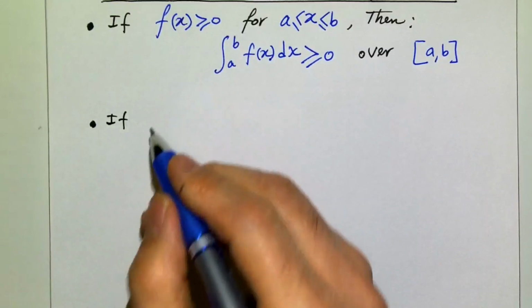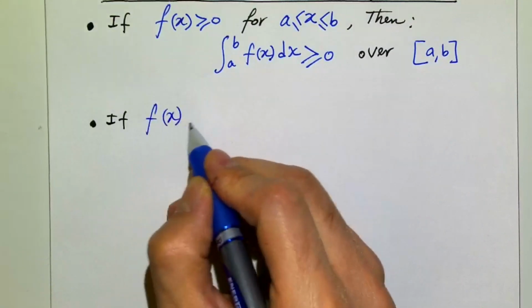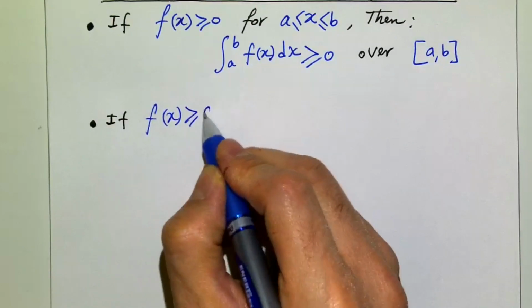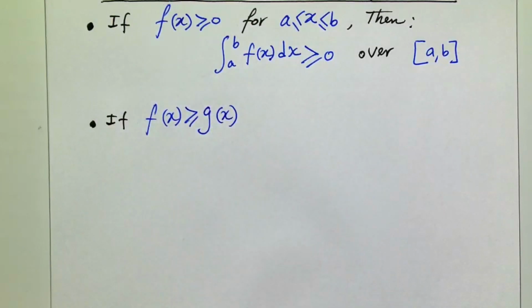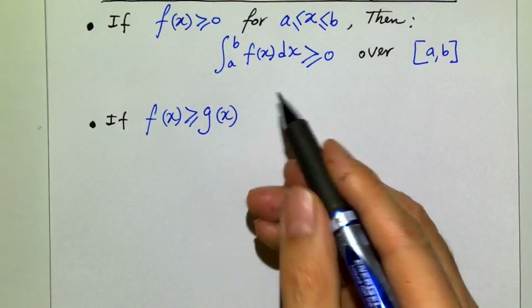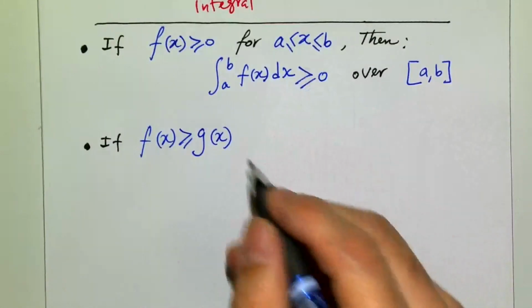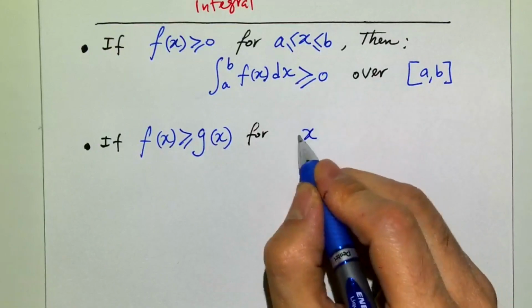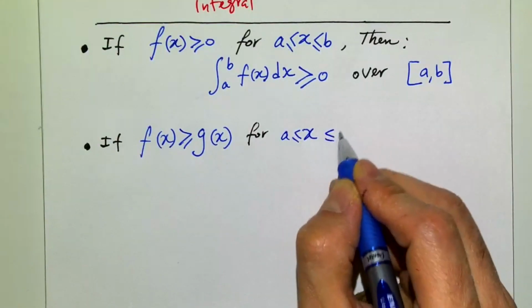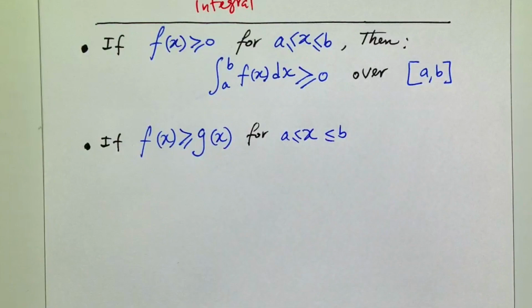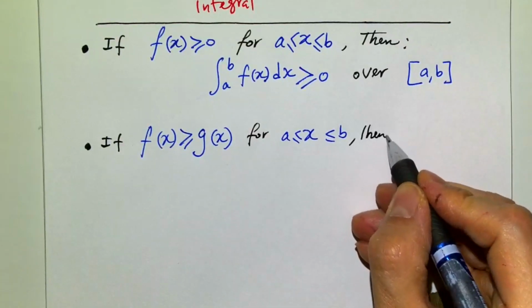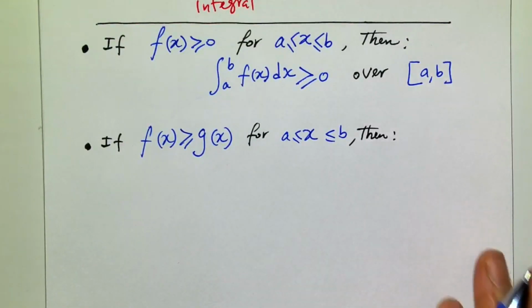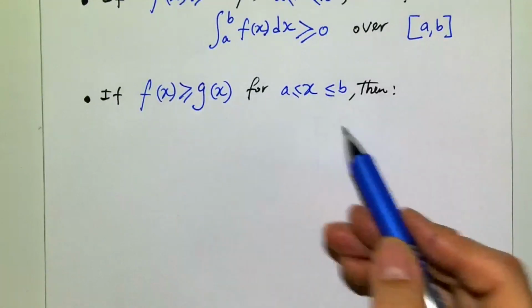Then, if f of x is greater than or equal to some other function g of x over some interval, let's say a to b, for x being between a and b, then I'm sure you guessed what this property is going to be.